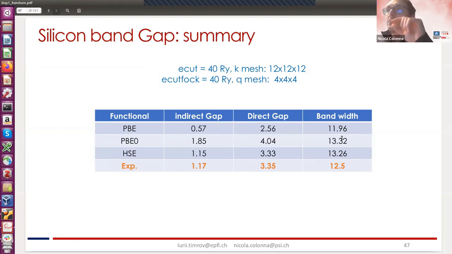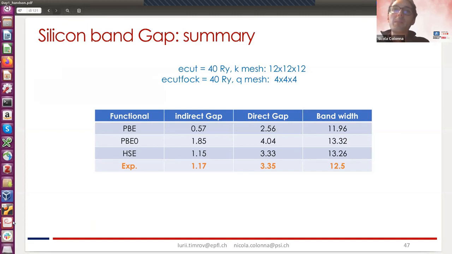It also widens the bandwidth probably too much. HSC instead, thanks to its range separation essentially, and somehow mimicking the screening happening in a semiconductor or system with very small band gap, is actually much closer to experiment. In this case, the agreement is very good compared to experiment.